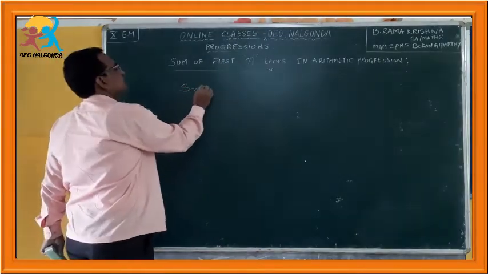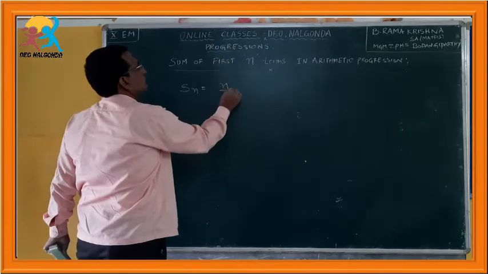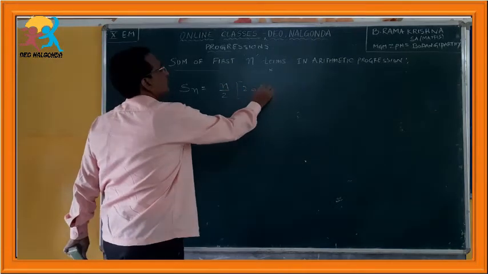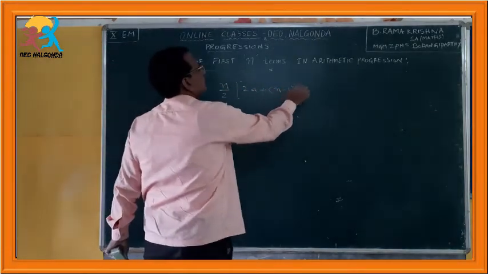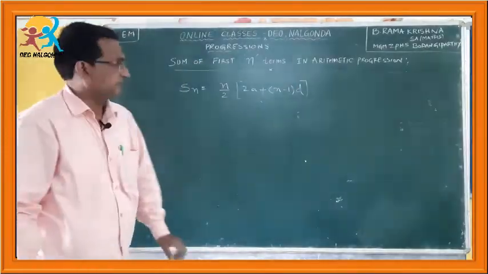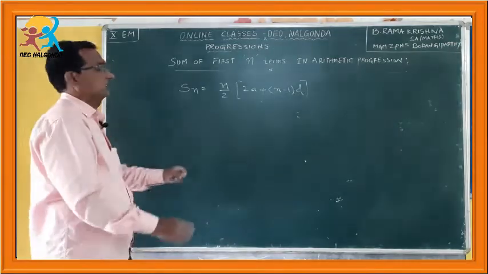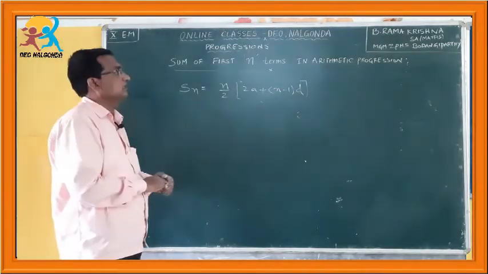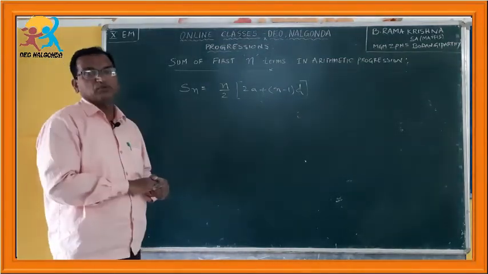Sn is equal to n by 2 into 2a plus n minus 1 into d. This is the formula for finding the sum of the first n terms in an arithmetic progression.